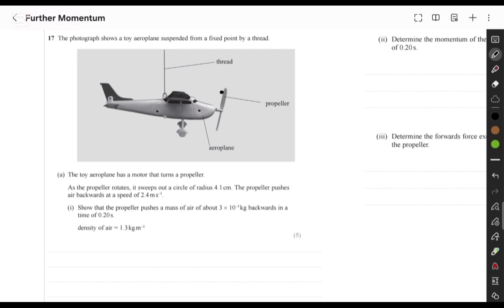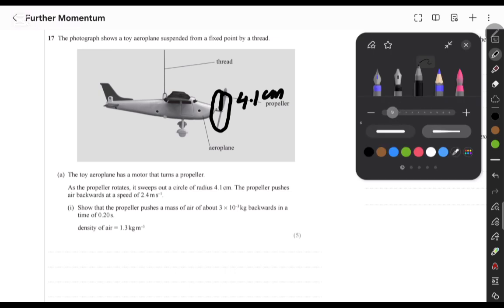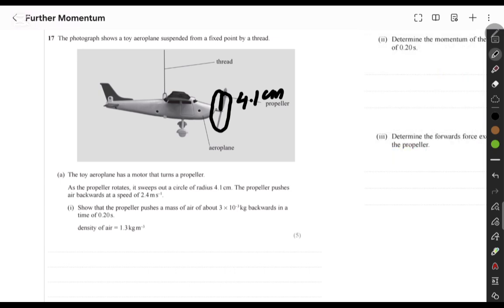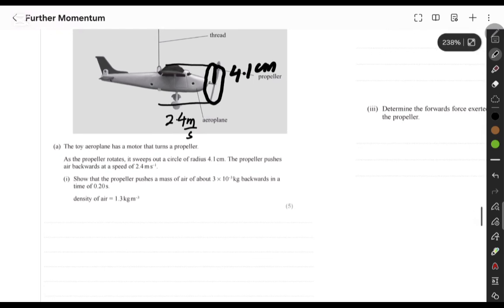So the propeller moves in a circle which has a radius of 4.1 centimeters, and it pushes back 2.4 meters every second. So it forms a cylinder.